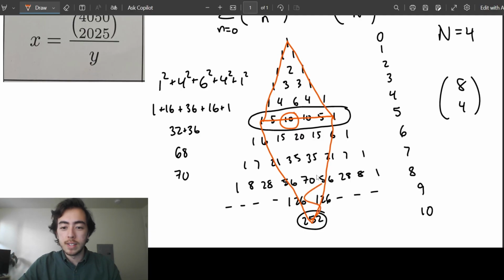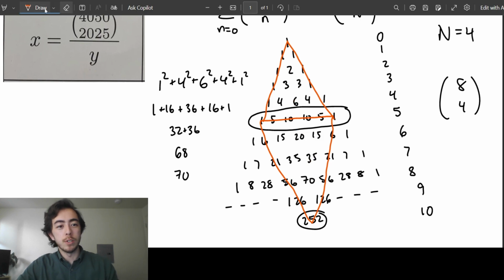There are exactly 10 routes we can take to reach that exact same number 10. So if we have 10 routes to get to this 10, and then 10 other routes from this 10 to get to this 252, then by the fundamental counting principle, we have 10 times 10, or 100, routes that go through this 10 and end up at this 252.